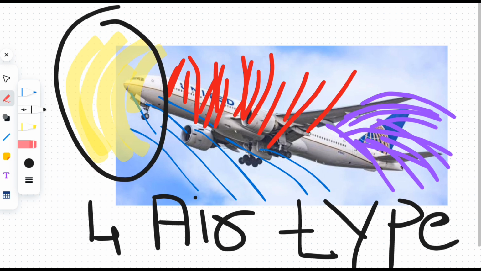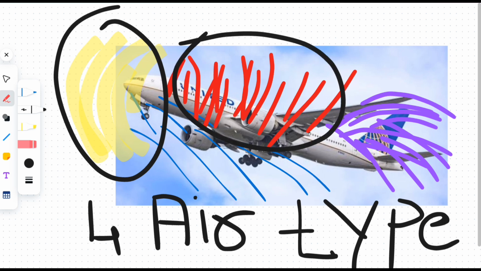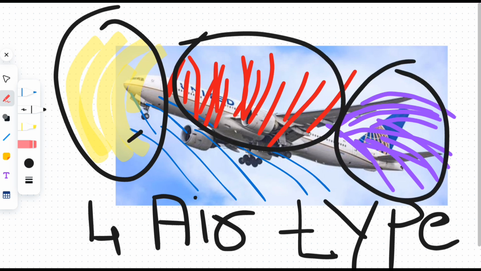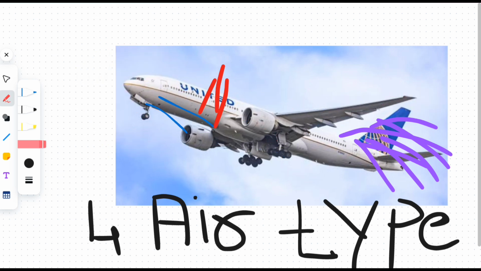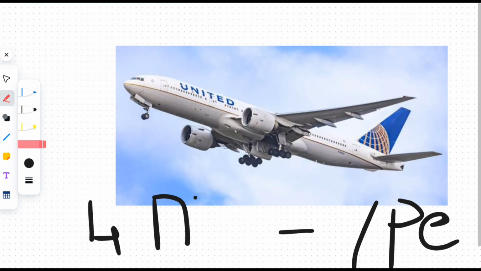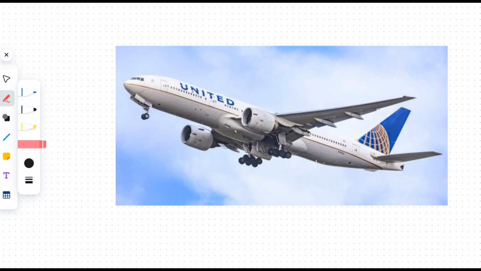So there are four types of air. I am just giving you all like this so you can understand it easily. If you study somewhere about aeroplanes, you will get more knowledge of these things. But getting knowledge about this is more important.